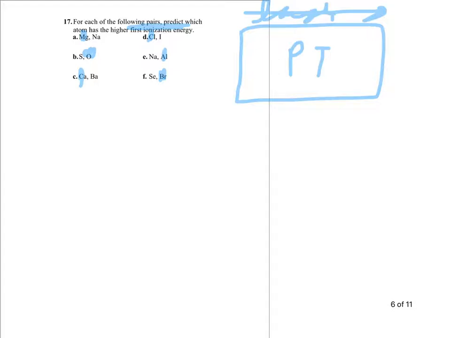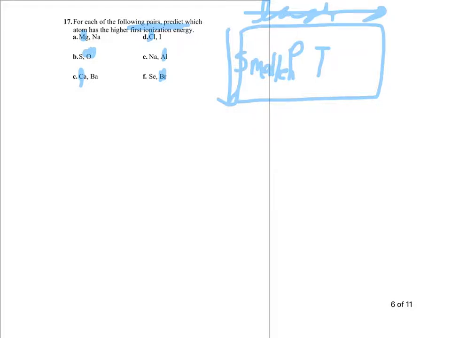With sulfur and oxygen, they are in the same group. Within the same group, going down our periodic table, the ionization energy tends to get smaller. So the one higher up is going to have the higher ionization energy, so that's oxygen.